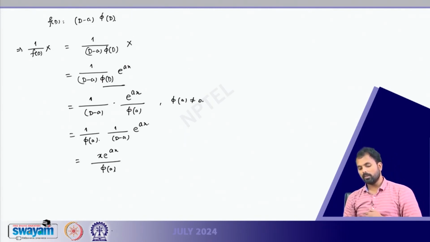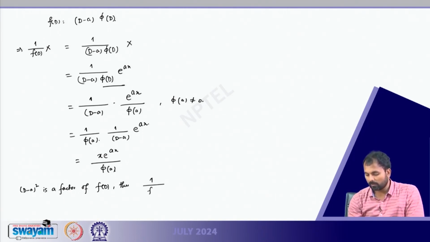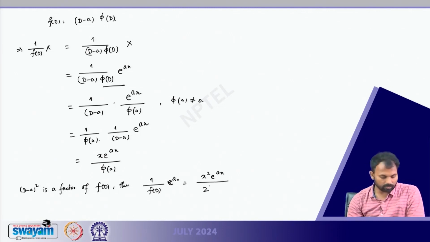So, this is the required particular integral of the given differential equation when f(a) becomes 0. Similarly, if (D minus a) whole square is a factor of f(D), then 1 by f(D) of e to the power ax will become x square e to the power ax by 2 psi(a), where psi(a) is not equal to 0.